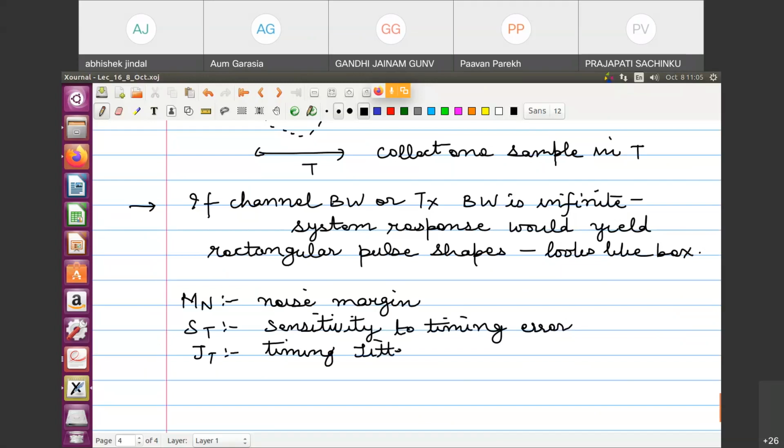And Da is measure of distortion caused by ISI. So let us see what are the corresponding terms.